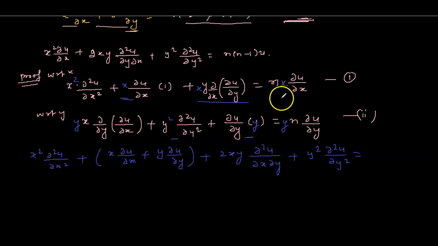On the right hand side we can take n common, so we can write x into del u by del x plus y into del u by del y.